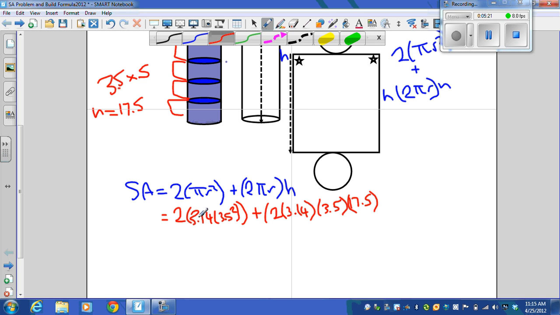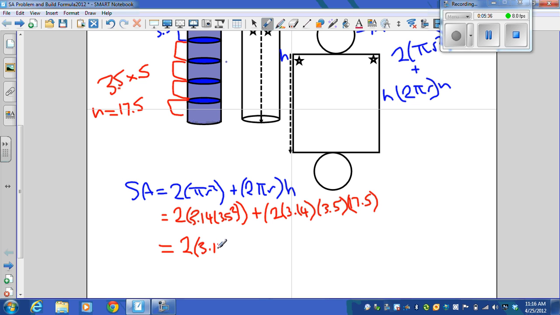So this becomes 2 times 3.14 times the radius squared. I have to do all the steps that I can. On the next equal sign, I can't do the 2 multiplied by what's inside the brackets yet. I have to do the exponents first. So 3.5 times 3.5, or 3.5 squared, becomes 12.25.